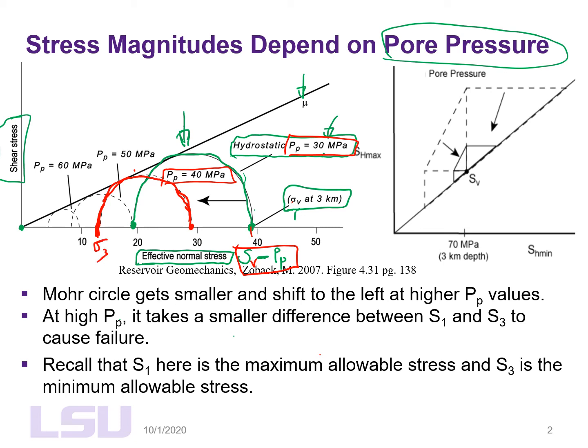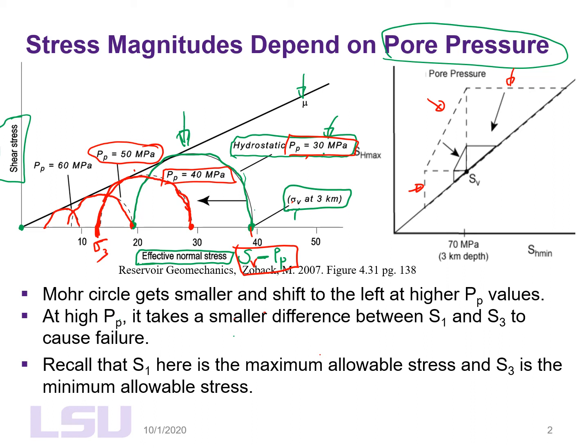And what's happening to the circles? They are moving to the left, they are getting smaller. You increase pore pressure again by another 10 megapascal. So the circles are getting smaller and they're moving to the left. And that is saying that the bounds are getting tighter. That's actually what you see here.